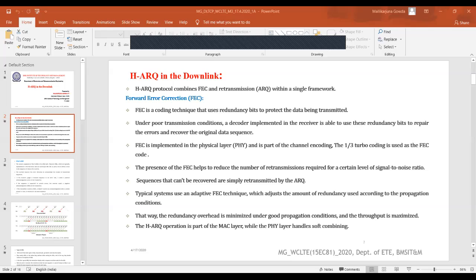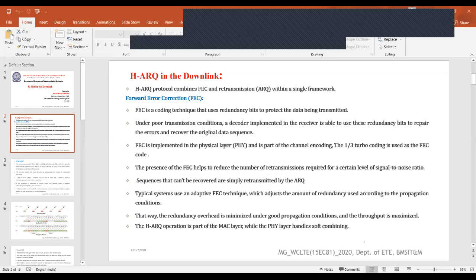Based on the propagation conditions, the decoder implemented at the receiver uses these redundancy bits to repair the errors and recover the original information. The coding rate is 1/3, and the type of channel coding used in LTE is turbo coding. So this is all about FEC.